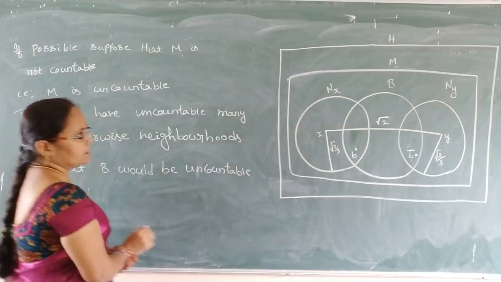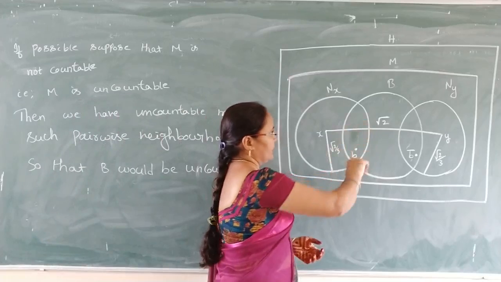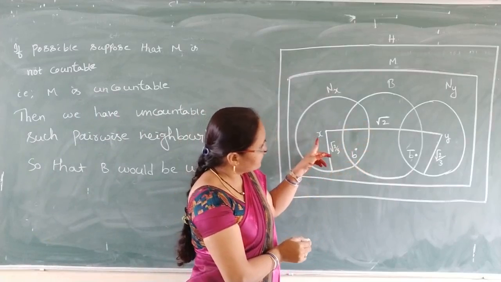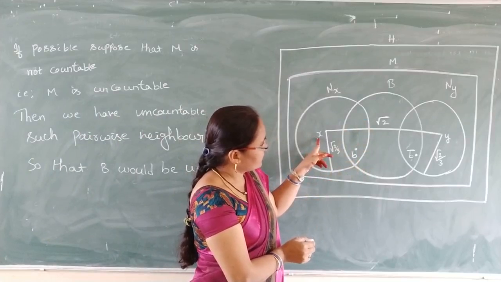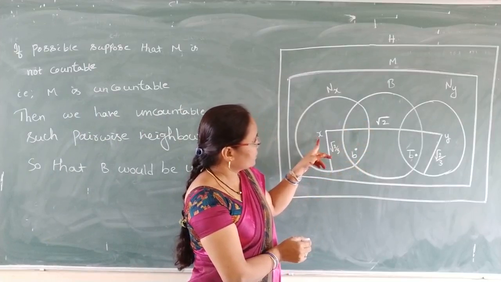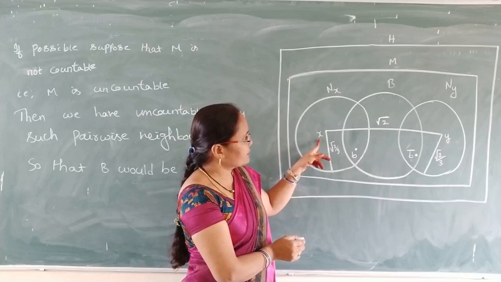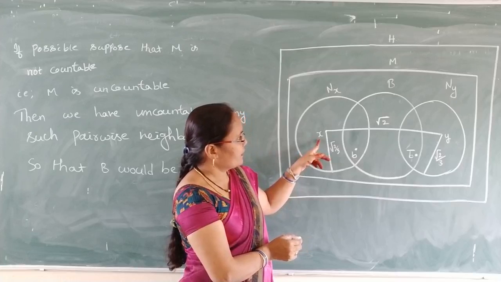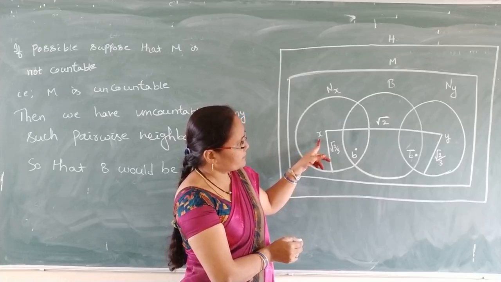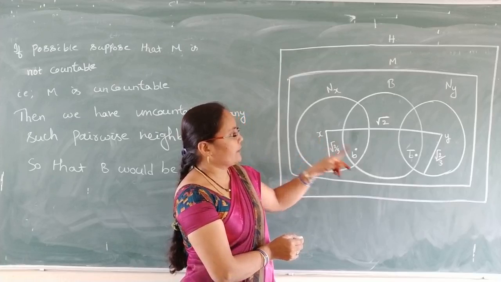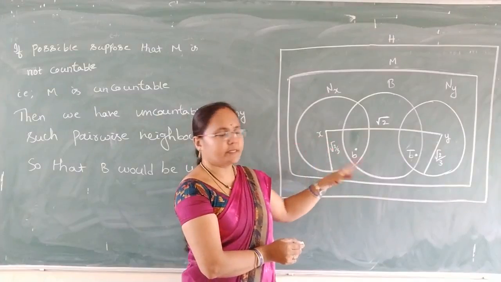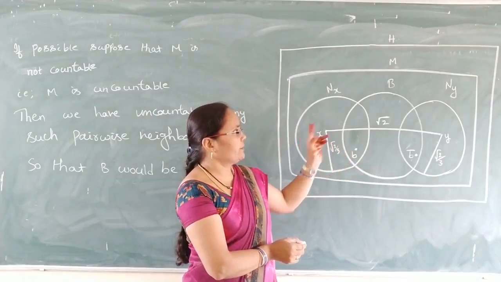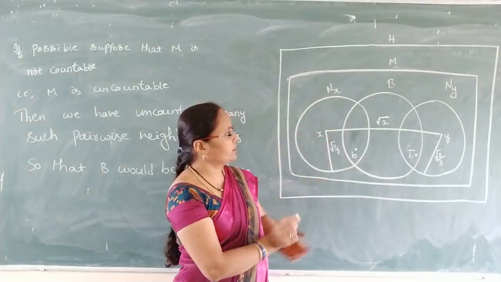Because now in this B, the element x exists, and such type of elements, many elements, exist. At that time B goes to uncountable.